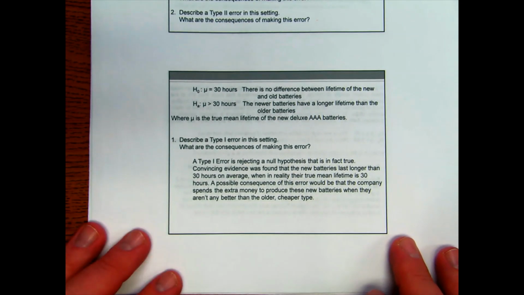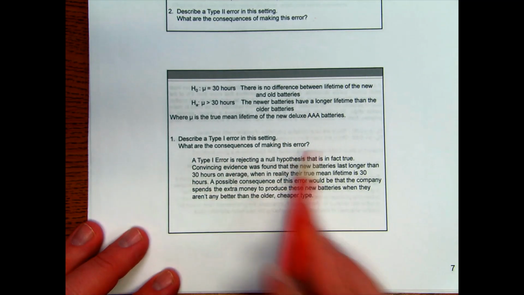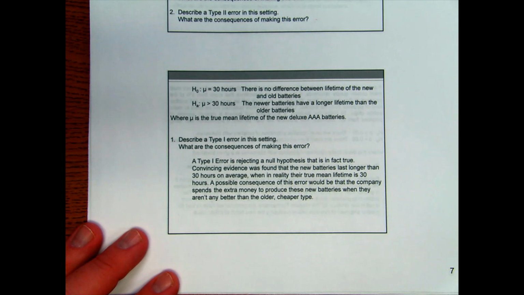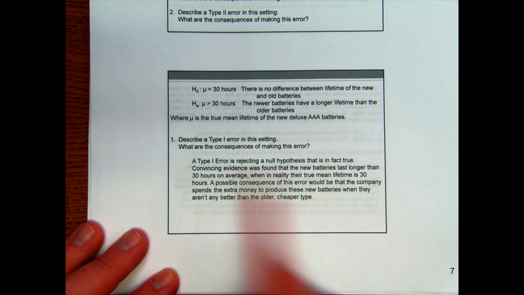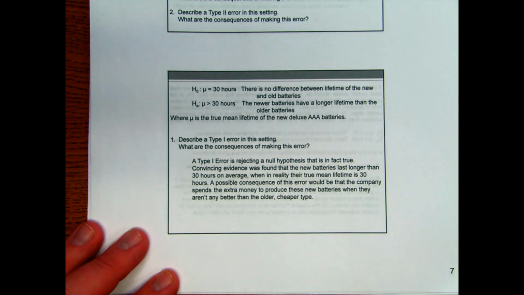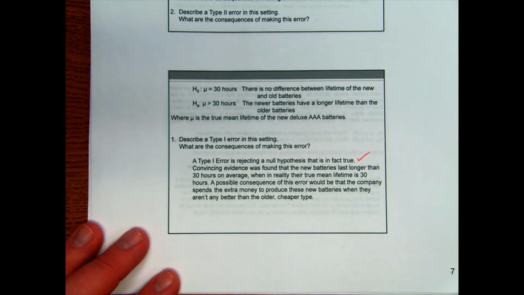All right, so describe a type 1 error in this setting, and then what are the consequences of making this error. The way that you want to word this is make your first statement the generic definition of making a type 1 error. A type 1 error is rejecting a null hypothesis when it is in fact true. That is a generic statement that applies to all type 1 errors.